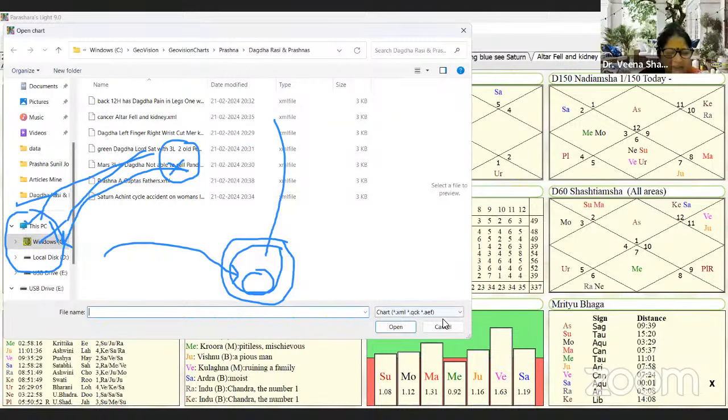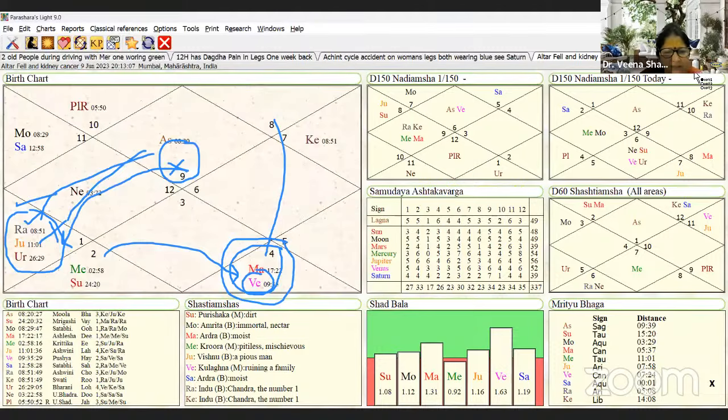Sir, do these Dagdha Rashis only get activated during the Dasha period? It is like a yoga. With yoga, the basic imprint will be there. When Dasha and Gochar activate, the yoga gets excited.